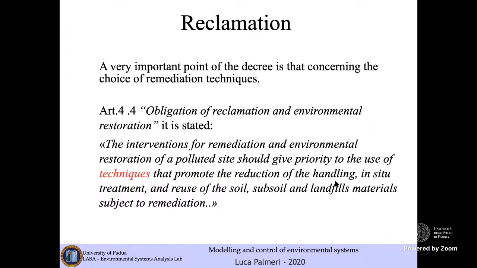The idea is that we have to promote reduction of the handling and in situ treatment of these topsoils. I think in the class by Professor Raga, remediation of contaminated soil, you should have seen these aspects in much greater detail.